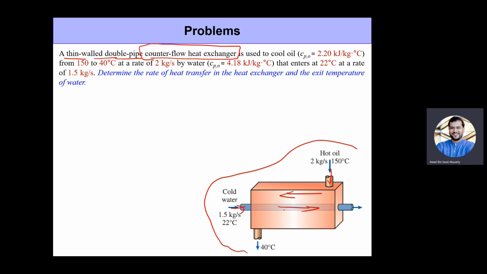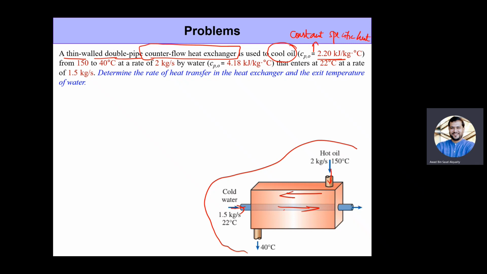Okay, and we have this kind of heat exchanger, and we are using it to cool the oil. The specific heat for oil is given. Okay, and remember, whenever the specific heat for a substance is given, you're supposed to assume constant specific heat, because you have already been provided with a number.